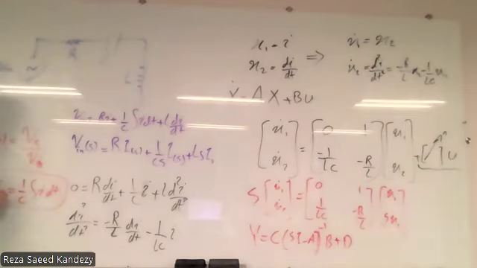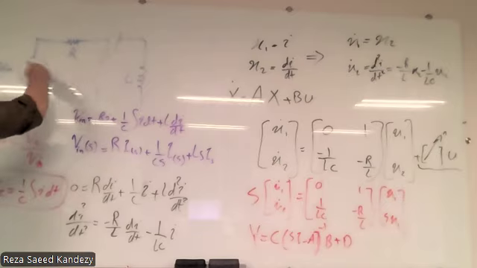Now look at this one. This is Y equal to VC, 1 over C, which is 1 over C integral of the current. Now, what is the current here? Because we want to have H(s) over V in, we want to replace the current.